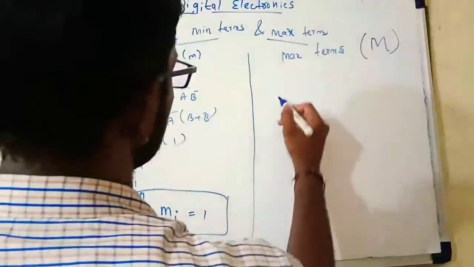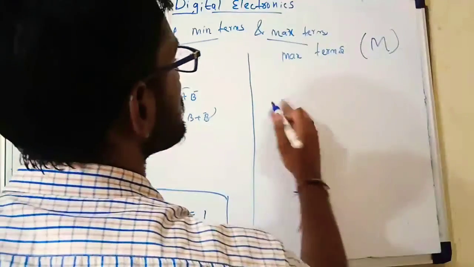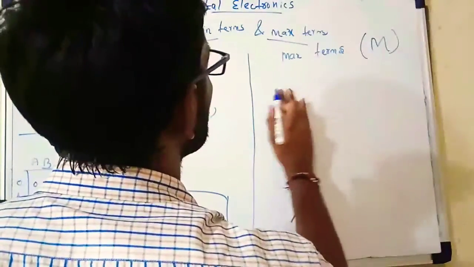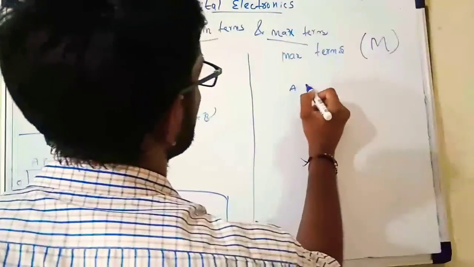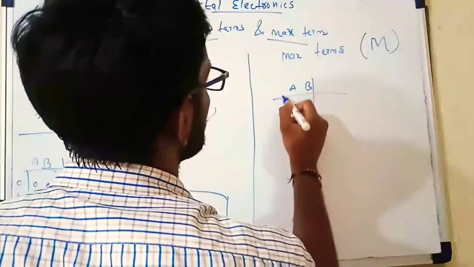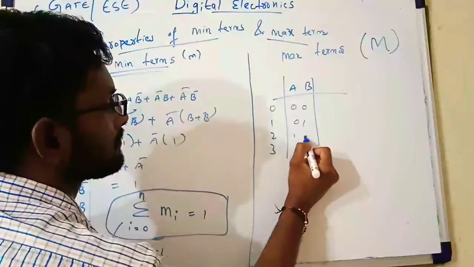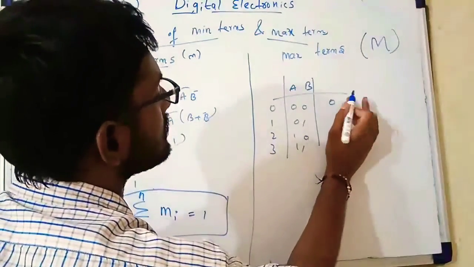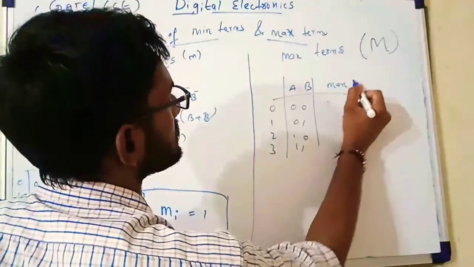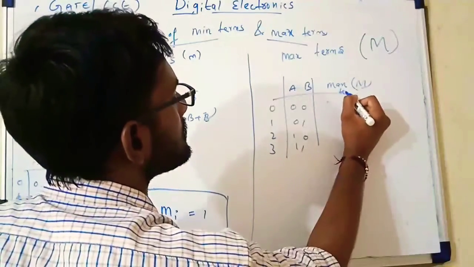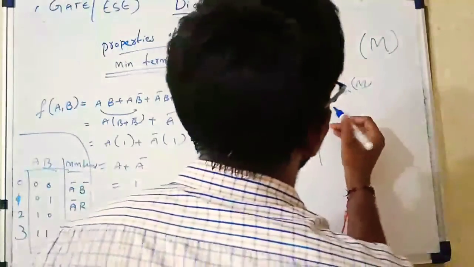Similarly here, I am taking this as A B. The combinations are 0, 1, 2, 3. This is 0 0, 0 1, 1 0, 1 1. Here I am taking the maxterms, which is M. Maxterm is nothing but the sum term.